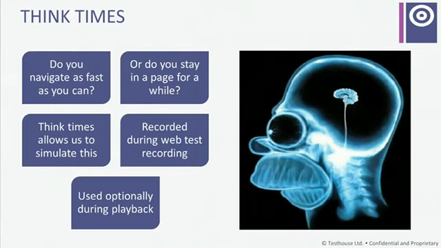It's designed to simulate a user reading a page or thinking about a page before he or she moves on. It's no good having a simulation when you're testing your web servers that just goes through the test at breakneck speed, when that's not what happens when users use the web page in reality.